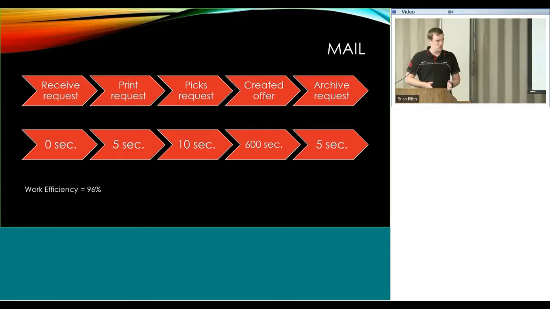Then I create the offer to the customer and send them a mail with the offer, and after that I archive my paper in a box on my left side.